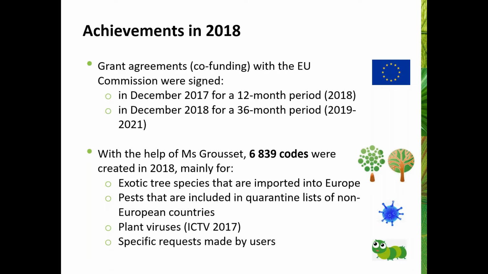Those codes cover also pests that are included in quarantine lists of non-European countries. We've recently looked a bit at the new classification of plant viruses. And of course, we continue to answer the specific requests that are made by our different users.